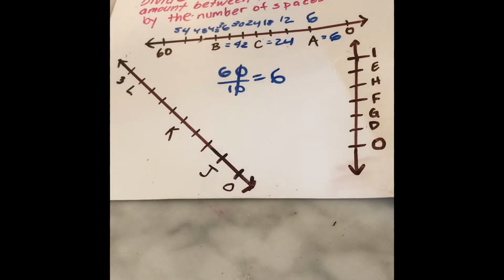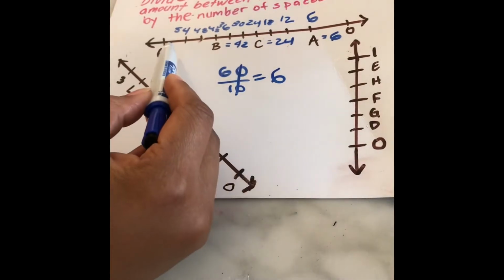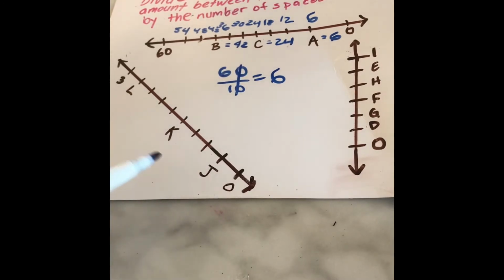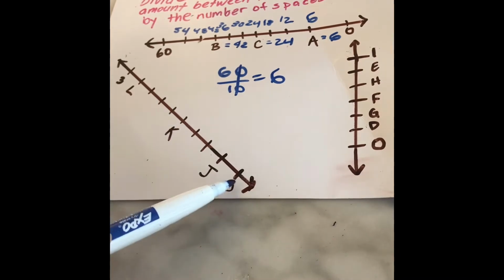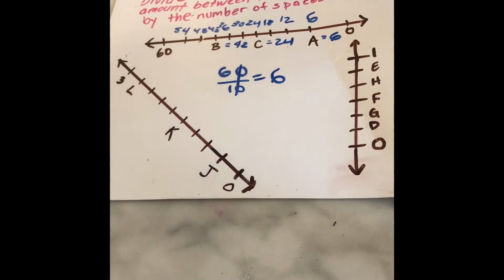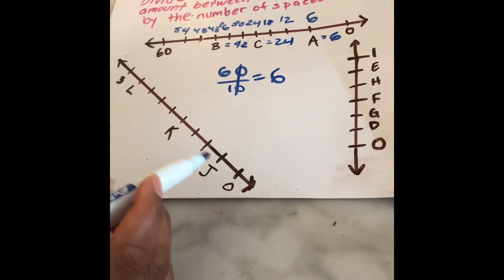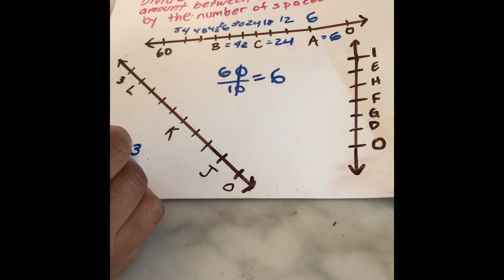All right, let's move on to our next line here. So that was actually just a horizontal line. We have a diagonal number line here. And this diagonal number line is increasing because 0 is at the bottom. And so we know that the distance between 0 and 3 is 3.